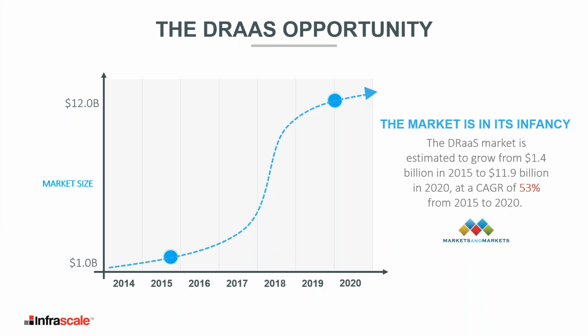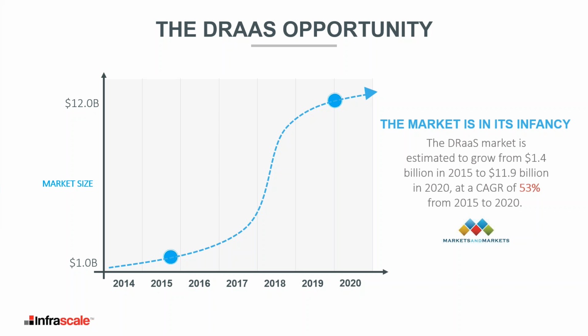And let's take a look at the opportunity with DRaaS in the market now. The DRaaS market's estimated to grow from $1.42 billion in 2015 to $11.92 billion in 2020. This is a compound annual growth rate of 52.9%.